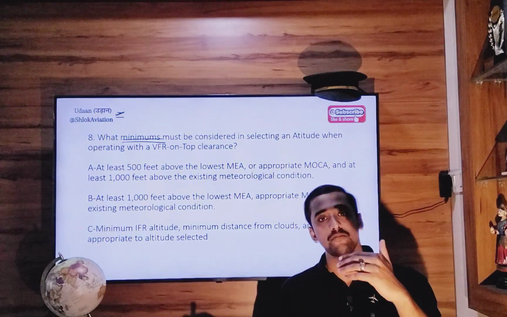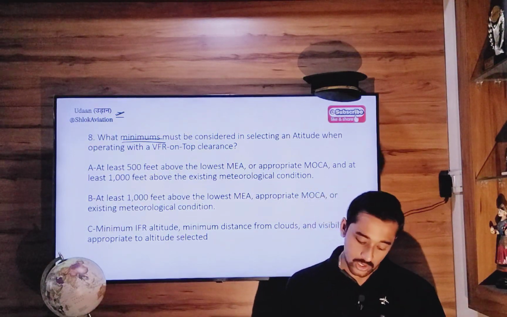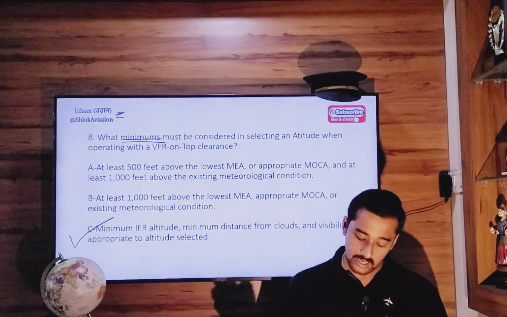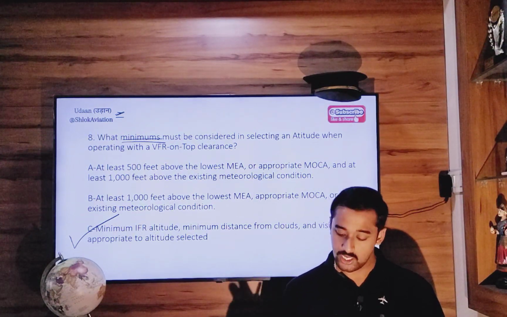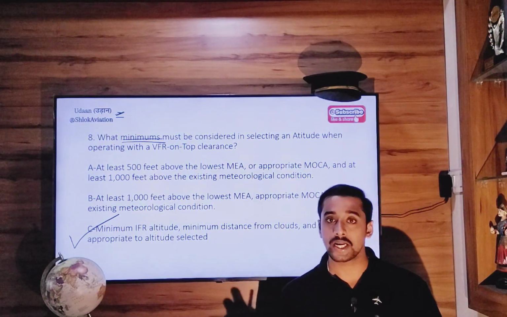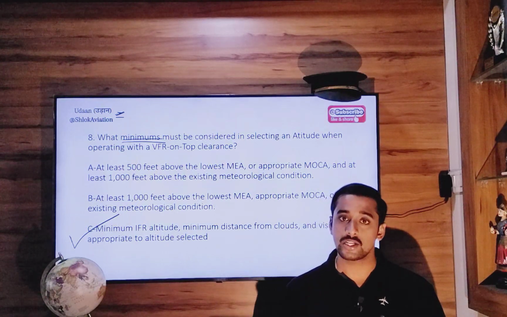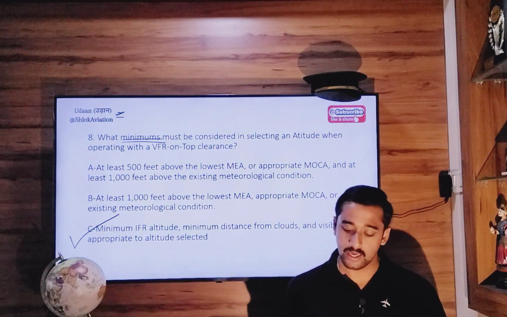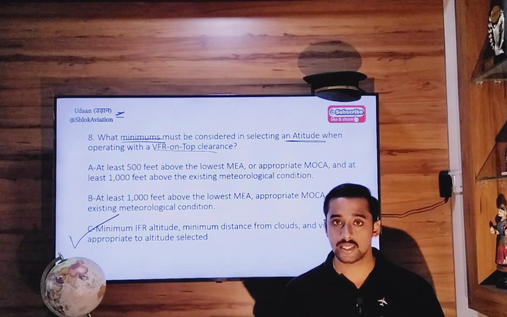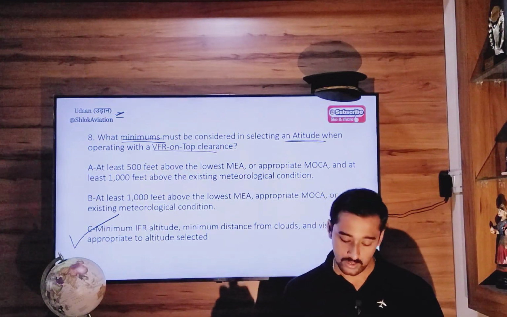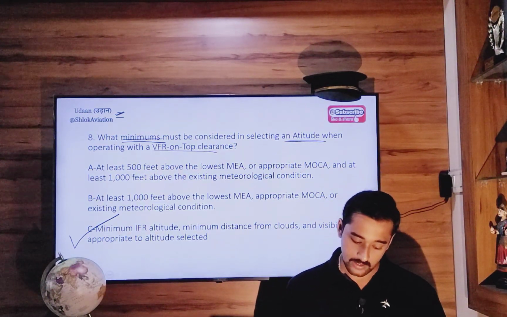You should be above that minimum en route altitude. So the correct option will be option Charlie: minimum IFR altitude, minimum distance from clouds, visibility appropriate to your altitude selected. These three conditions will influence your decision making as to VFR on top altitude. Selecting VFR on top altitude. Very important question.